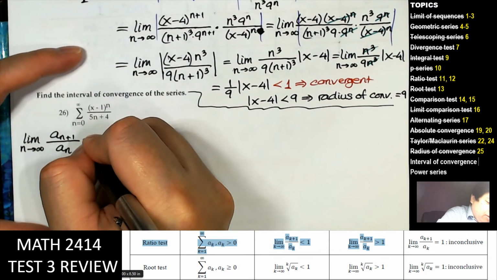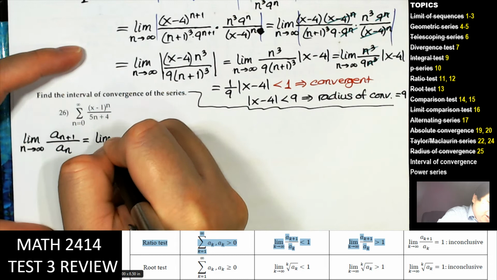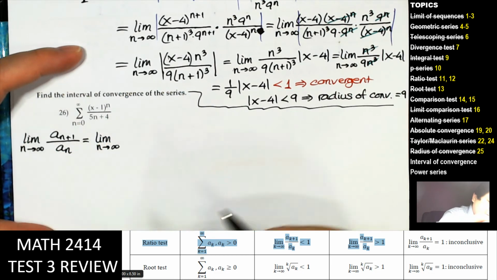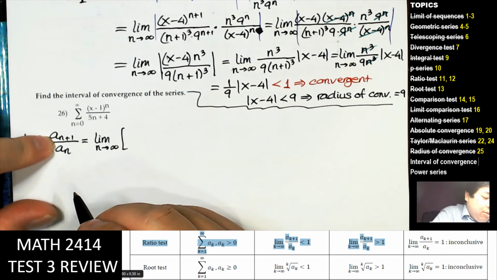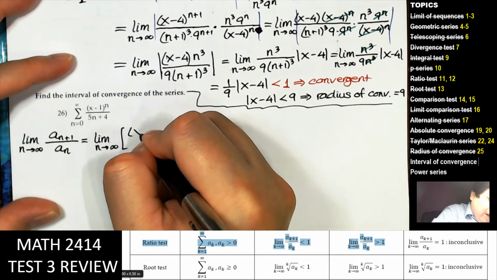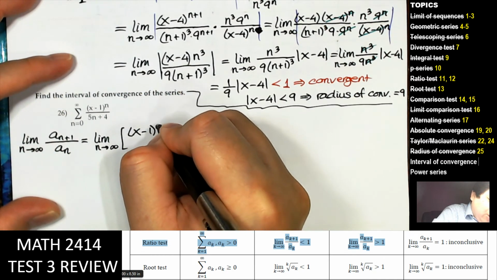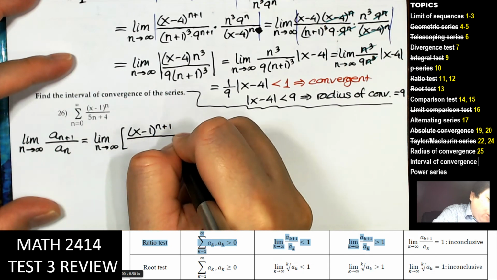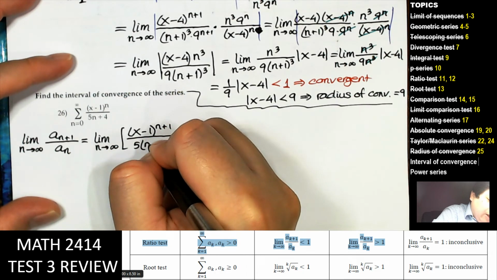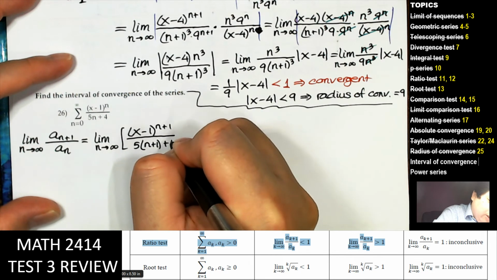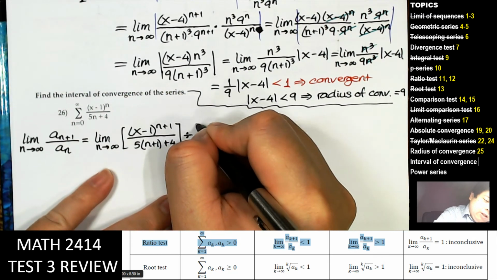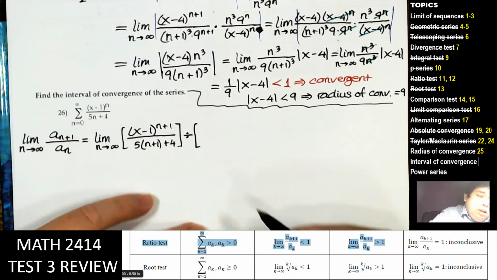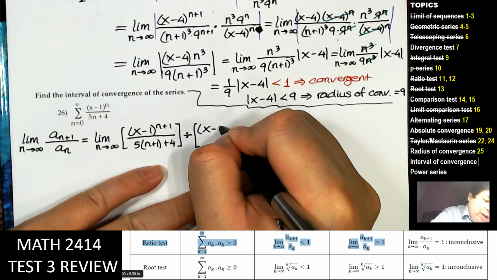This time I use the division instead. A sub n plus 1, so we have (x minus 1) to the n plus 1 over 5(n plus 1) plus 4, divided by a sub n.